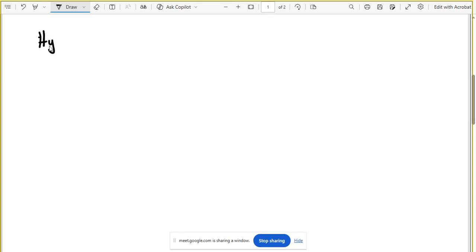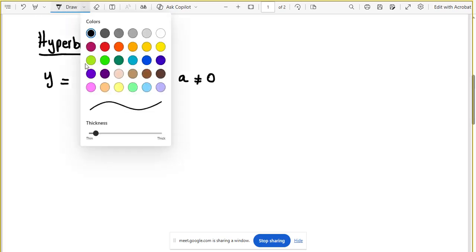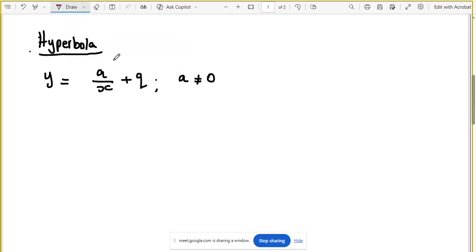So the hyperbola will be in the form of y = a over (x + q), where the value of a must not be equal to 0. That's a hyperbola.